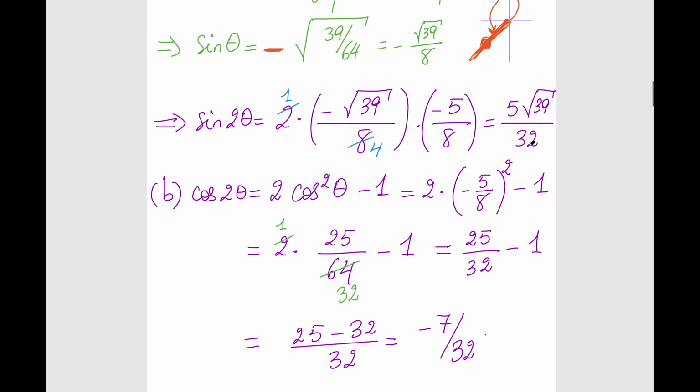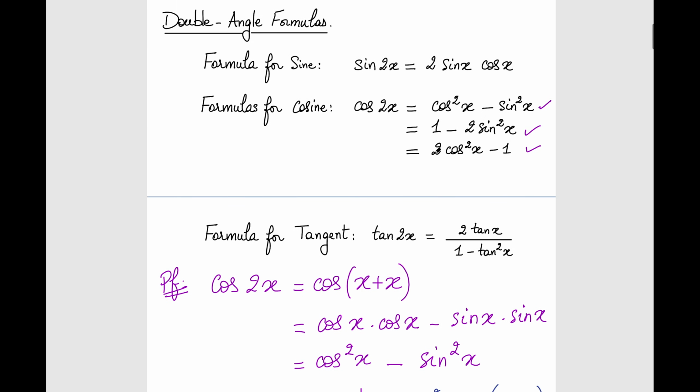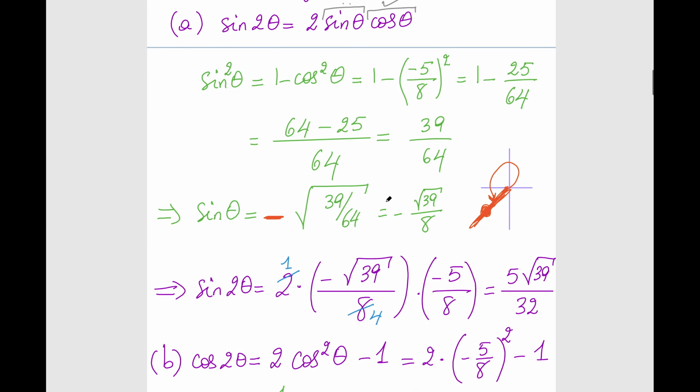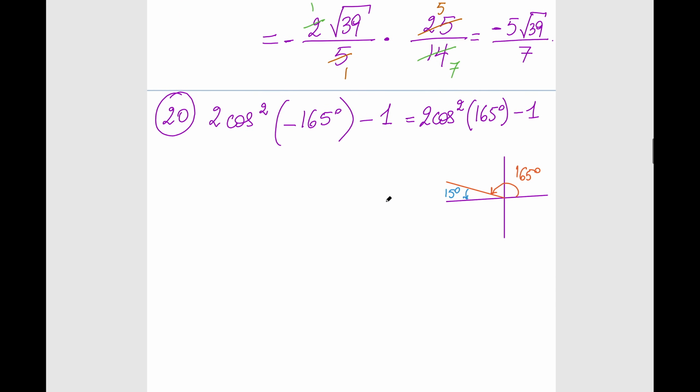If you go back to that formula and try to relate it to twice the angle, you get cosine of 2 of that theta, right? So because what we have is of this format, 2 cosine squared of 165 minus 1, it's cosine of twice the 165, correct?